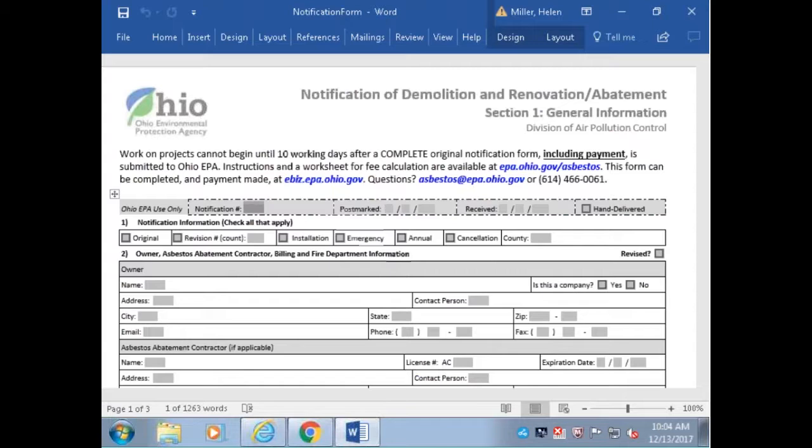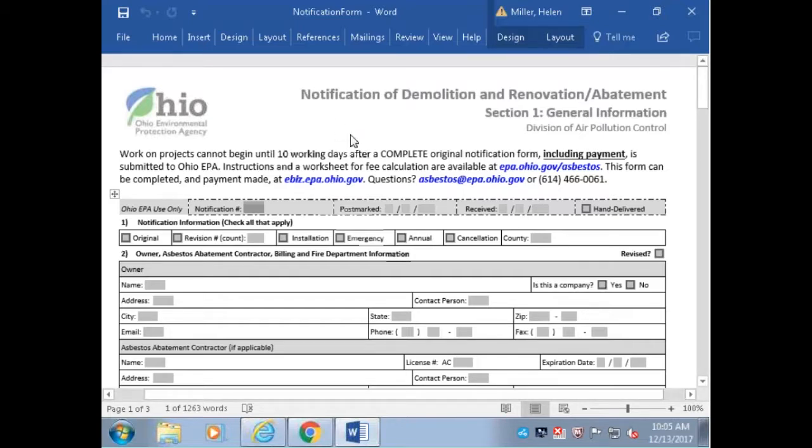So we needed to try to combine this so that it could hopefully be more convenient for the contractors out there in the field in notifying. Again, starting December 21st, any notifications that you have coming in, we are asking that you fill them out on the new form and that you send it to the EPA with the proper fees up front, which we'll be talking about in a little bit.